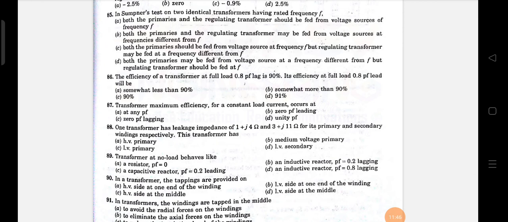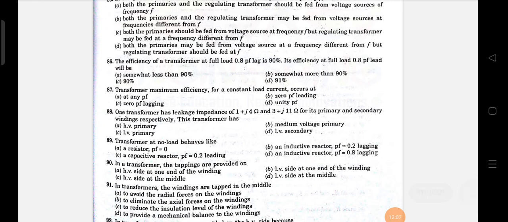Next, 86th question. The efficiency of a transformer at full load 0.8 power factor lagging is 90 percentage. Its efficiency at full load 0.8 power factor leading will be somewhat lesser than 90 percentage.